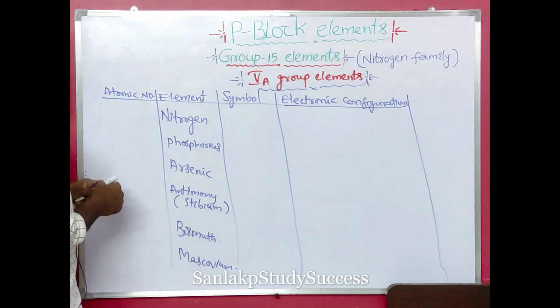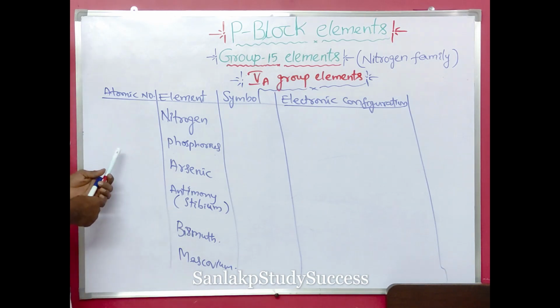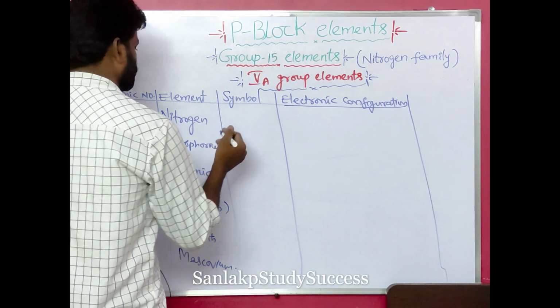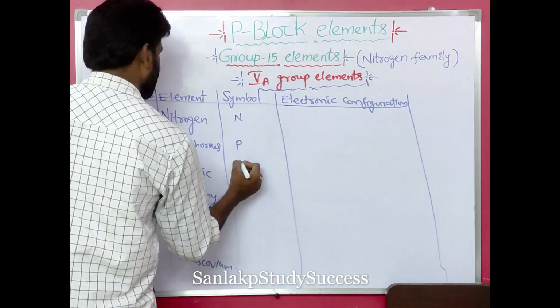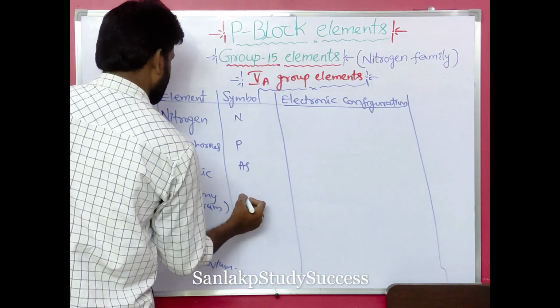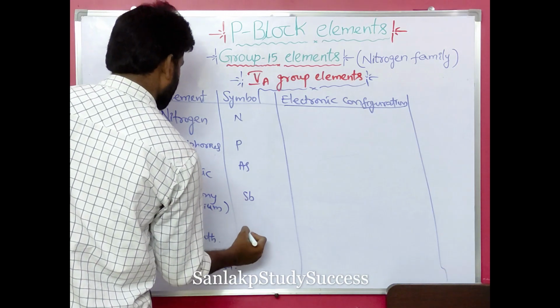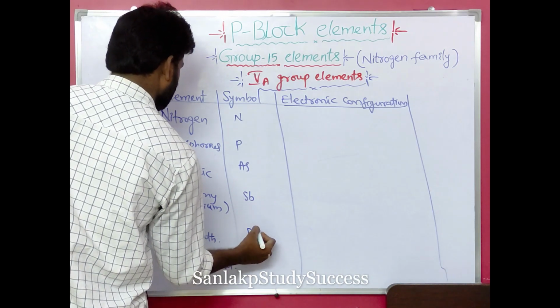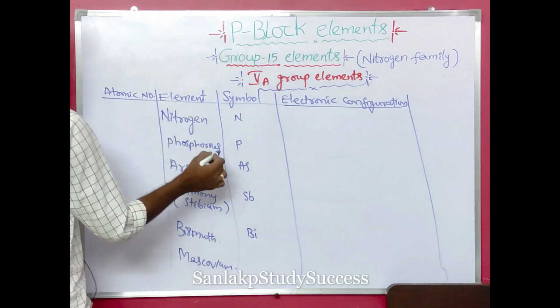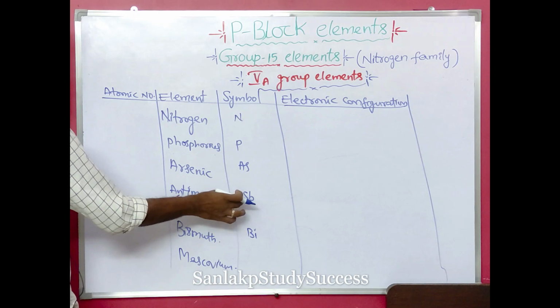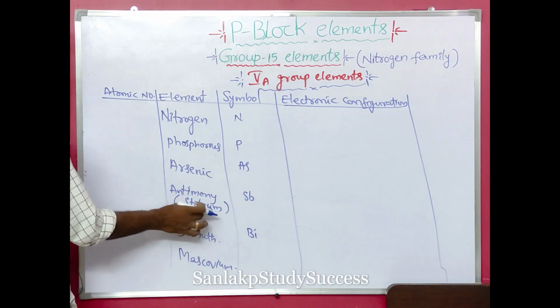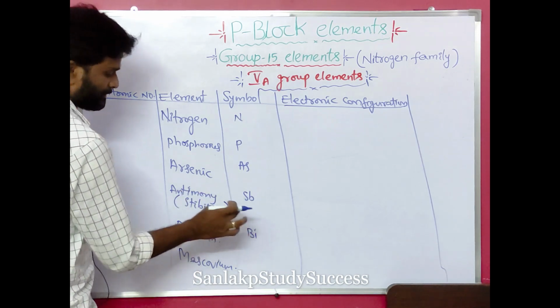So its symbols: nitrogen N, P, As, Sb, bismuth Bi. So N, P, As. The symbol of antimony is given from its Latin name, Sb, bismuth Bi.